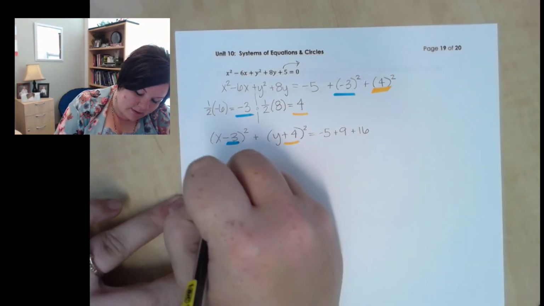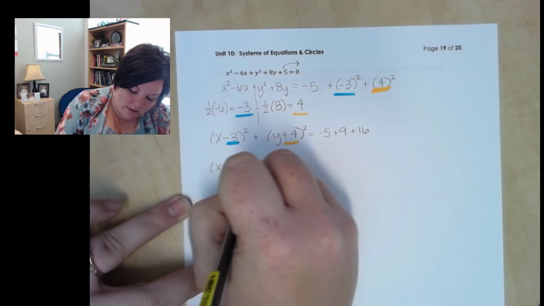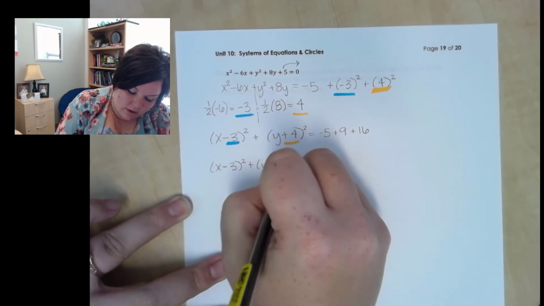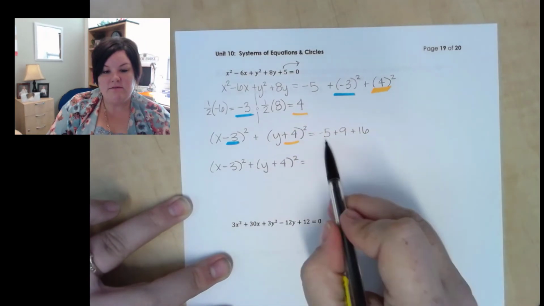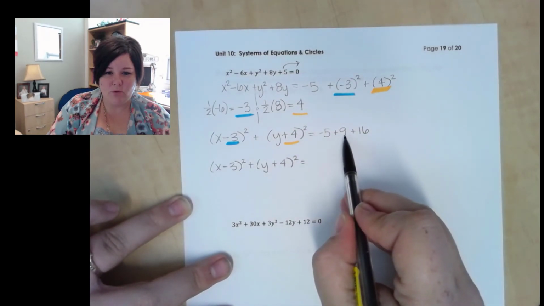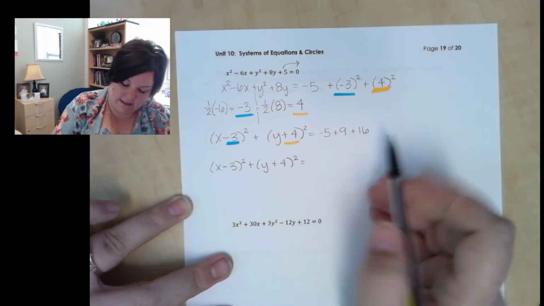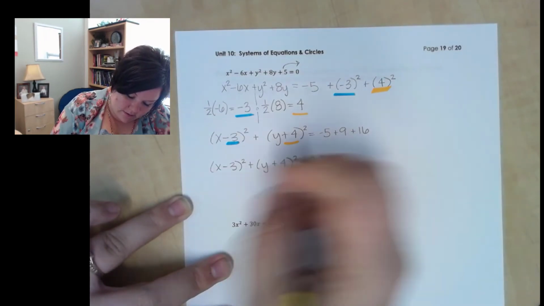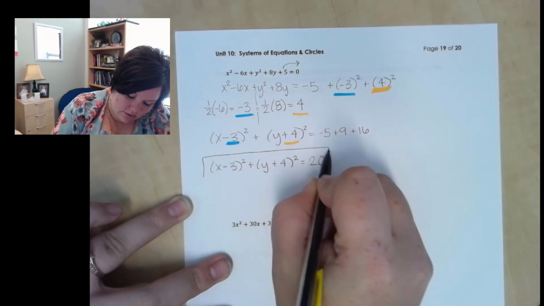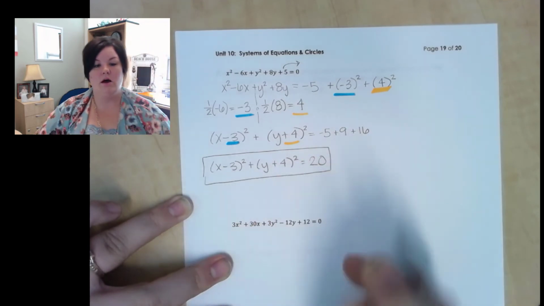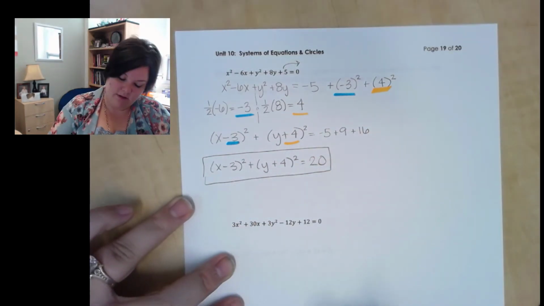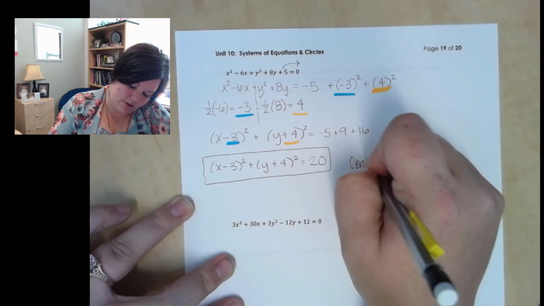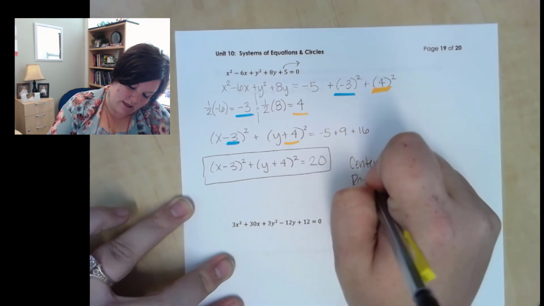Negative 5 and 9 leaves me with a positive 4. Positive 4 and 16 gives me a 20. So this is the standard form of my circle.